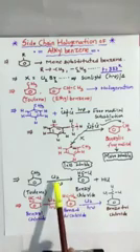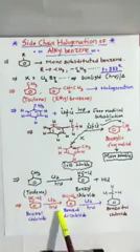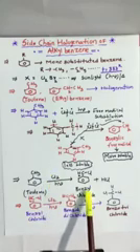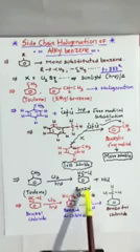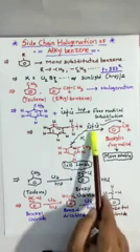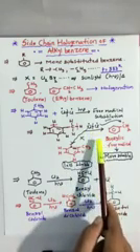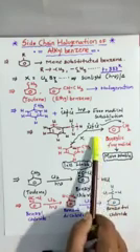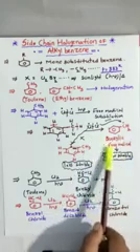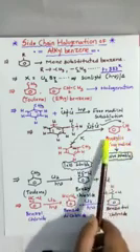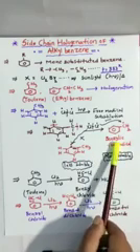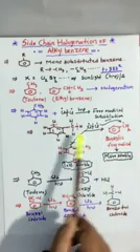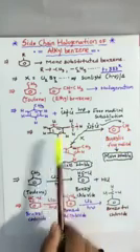When you pass excess chlorine you get these products; if you are not passing excess chlorine, only benzyl chloride you are getting as the product. This is side chain only. Why? Because it is a free radical substitution reaction. In free radical substitution, we are getting the more stable benzylic free radical. That's why the chlorine free radical will attack the methyl group only, not the benzene ring.